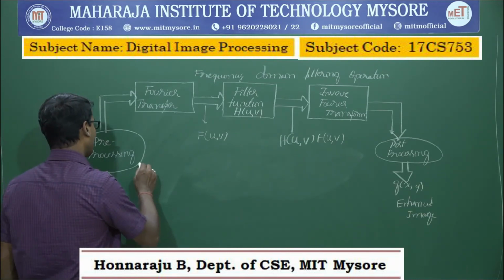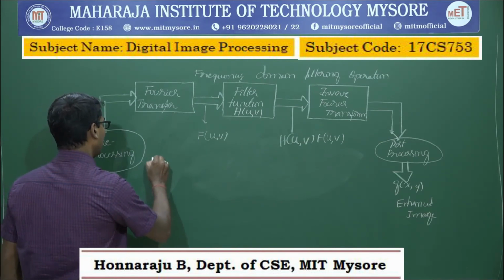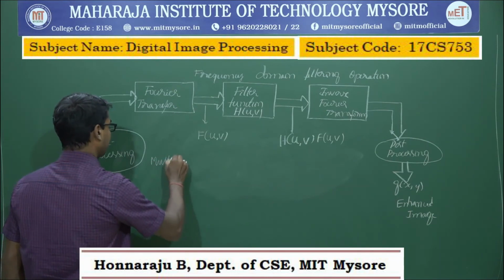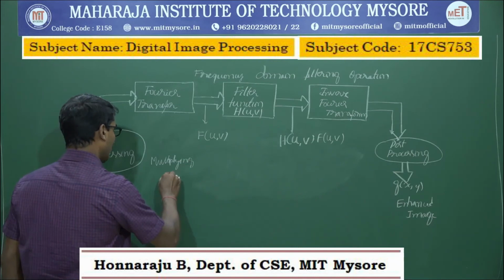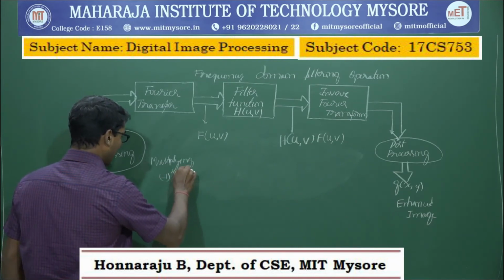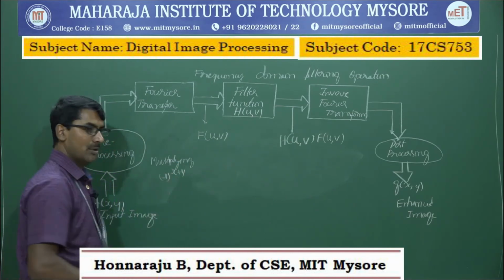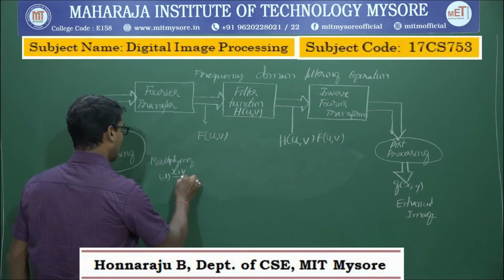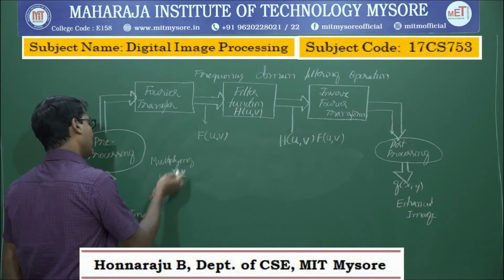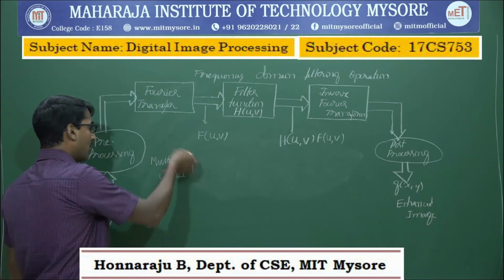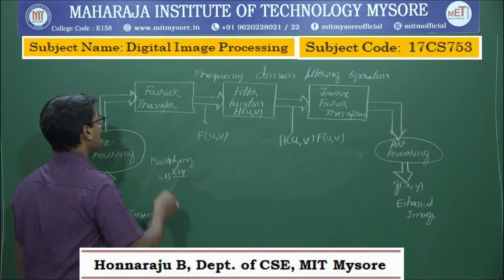Once we enter the image, we do pre-processing. The pre-processing is multiplying by minus 1 to the power of x plus y, where x and y are the coordinates. So first, in the pre-processing step, we multiply the input image f(x,y) by minus 1 to the power of x plus y.